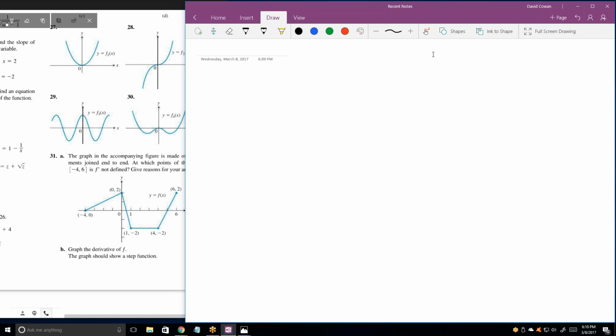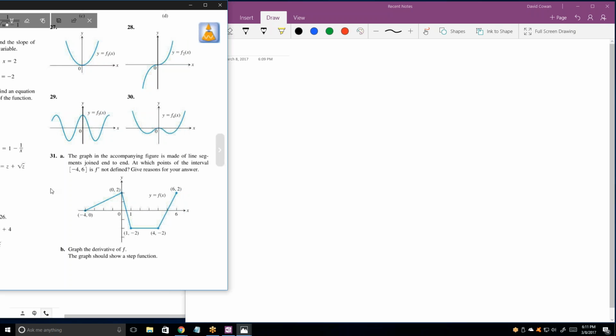But so what points is f prime not defined in this picture? It looks like negative infinity to negative 4. Hold on. This entire function only goes from -4 to 6 on the domain. Okay.